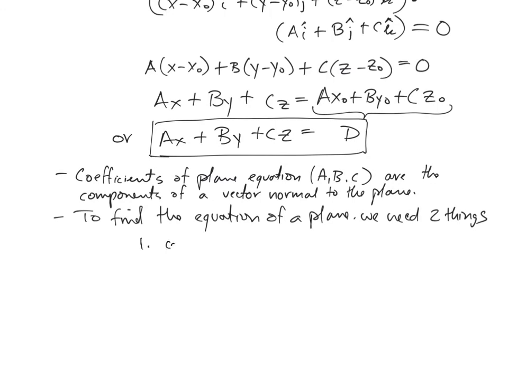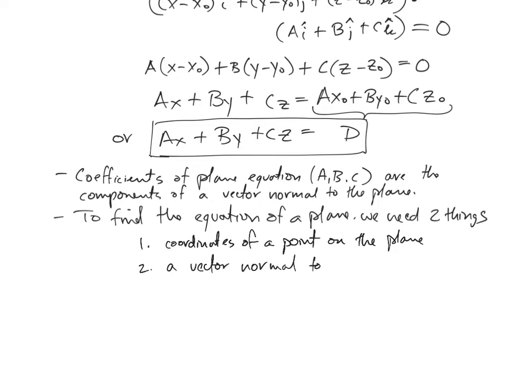One, we need the coordinates of a point on the plane. And two, we need a vector normal to the plane. We need x naught, y naught, z naught, and we need this vector a, b, c. If we have those two things, we can write the equation for this plane.